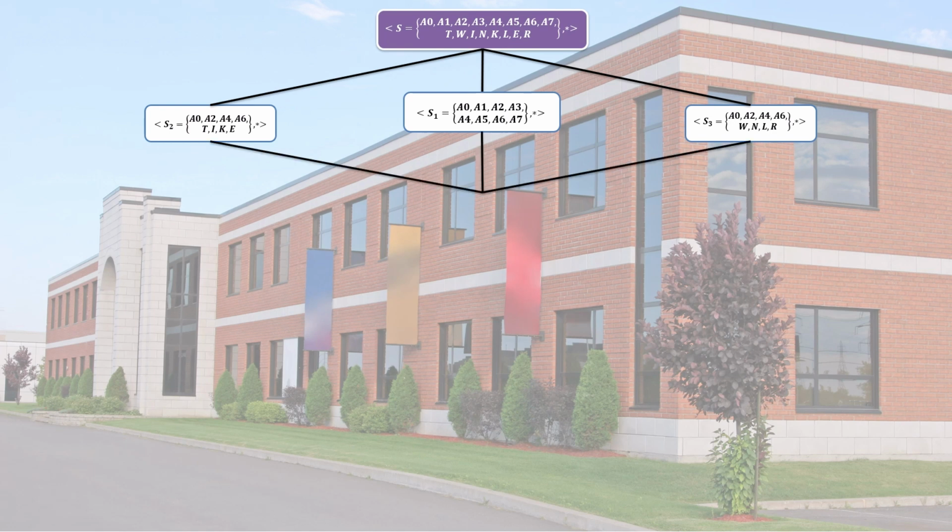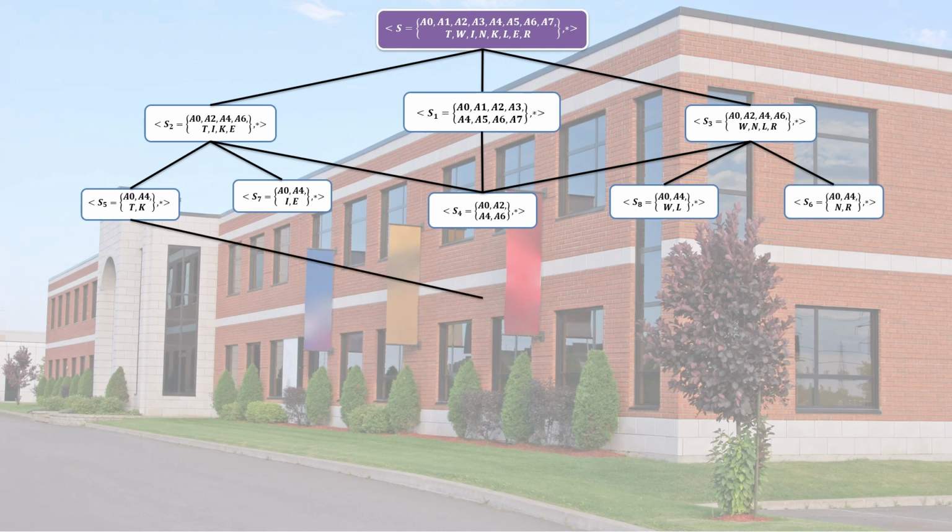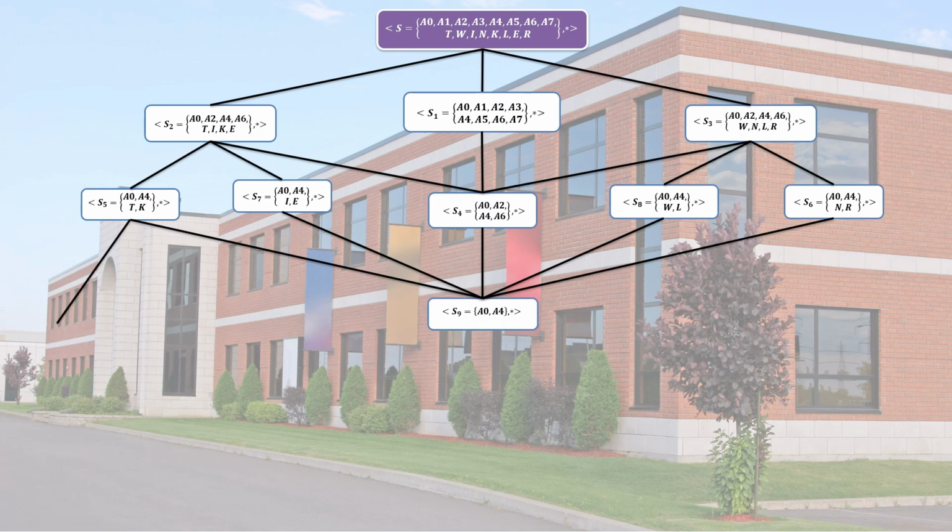Then under this tree we have their intersection, which is the group of S sub 4 under binary operation star. And then under S sub 2 we have S sub 5 and then S sub 7, and under S sub 3 we have S sub 8 and then S sub 6. And under S sub 5, S sub 7, S sub 4, S sub 8, and S sub 6, their intersection is S sub 9.